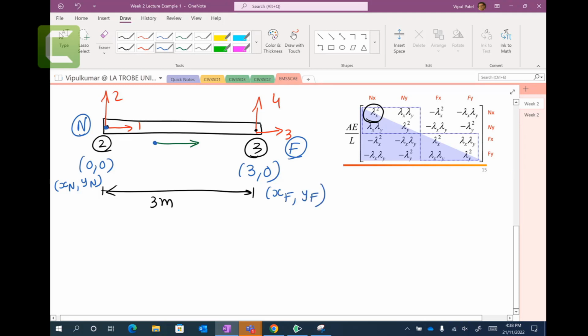Do you understand that? This arrow is given in our figures, and based on that arrow, I can say this is the near node and this is the far node. And I can put this 0, 0 as xn, yn, the x coordinate and y coordinate of the near node, and xf, yf, the x coordinate and y coordinate of the far node.